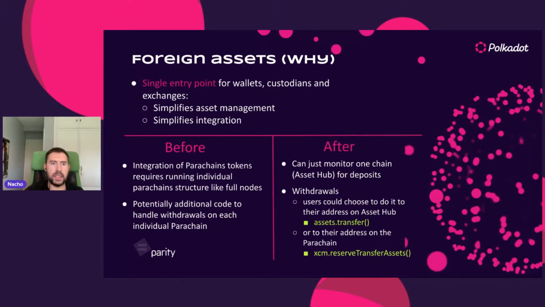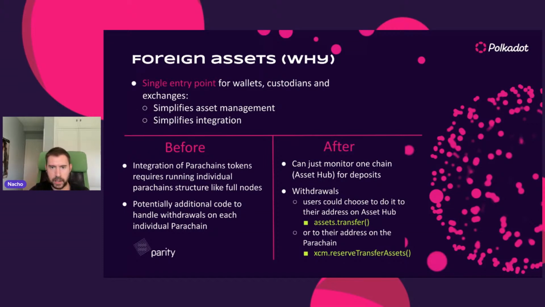Second reason, it's a single entry point for wallets, custodians, and exchanges. It simplifies asset management and integration. Before, integration of parachain tokens required running individual parachain full nodes and potentially additional code to handle withdrawals on each individual parachain.